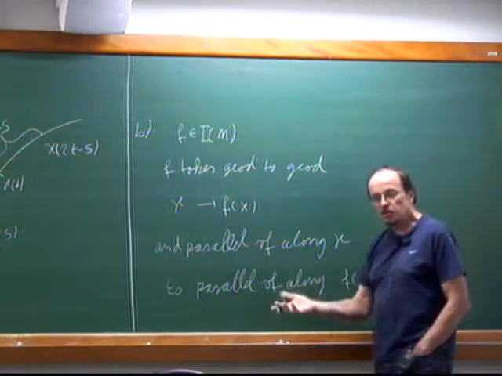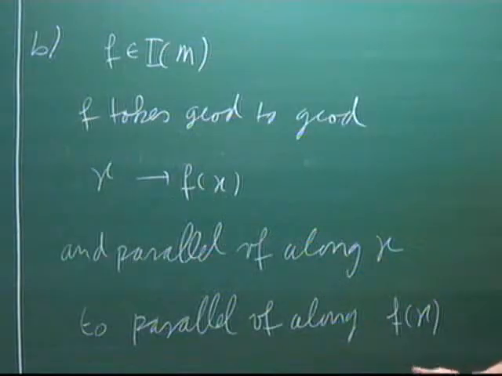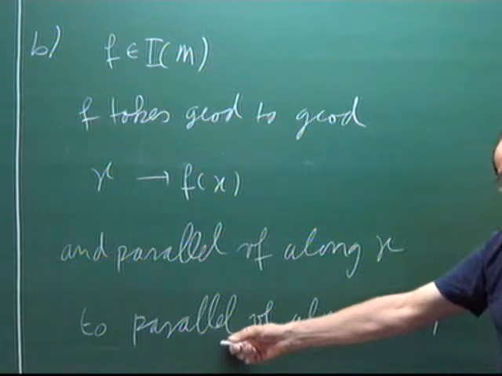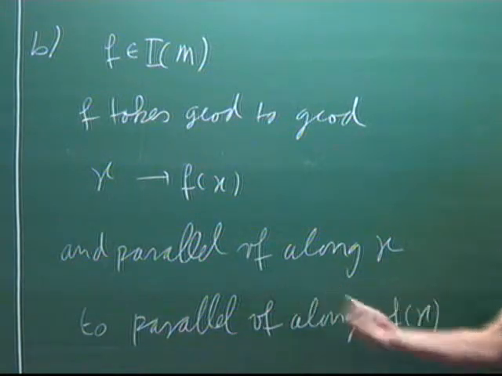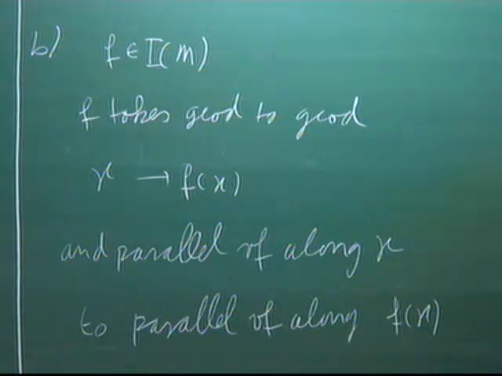The isometry preserves the metric, preserves the connection, preserves the curvature. Preserving the connection means it takes a geodesic to a geodesic, and a parallel vector field, where the covariant derivative of X is equal to 0, so it takes parallel vector fields to parallel vector fields.